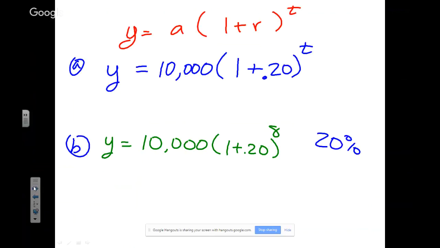What do we get? 42,000? Okay. Yeah, so it's growing. 20% is a lot of growth. So 42. Does it say anything about rounding? Nearest 1,000. Okay.